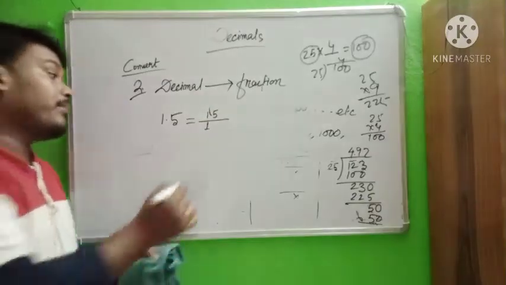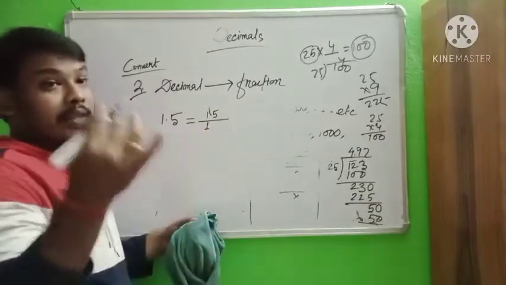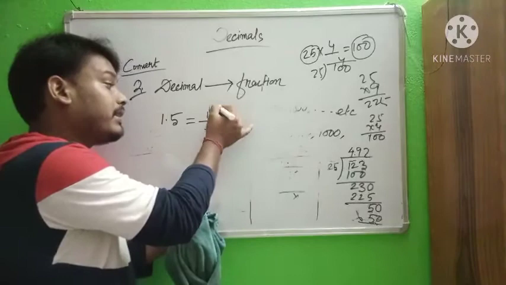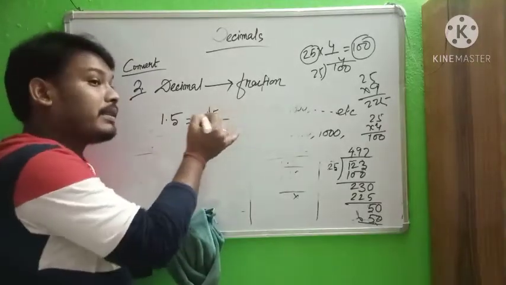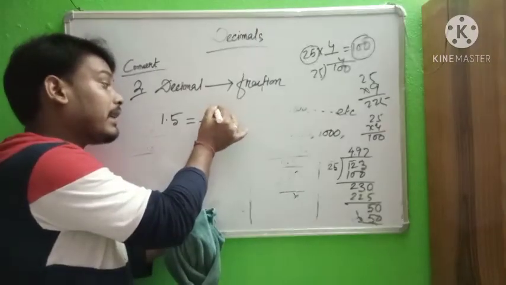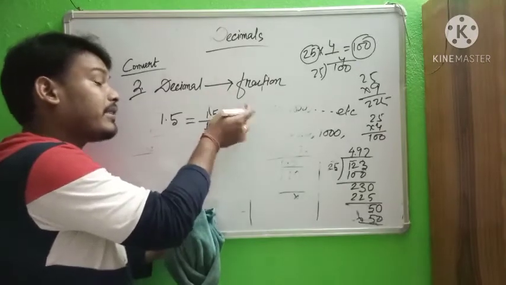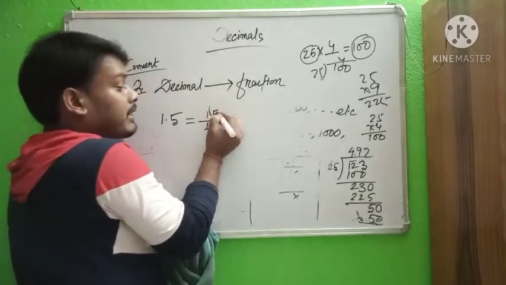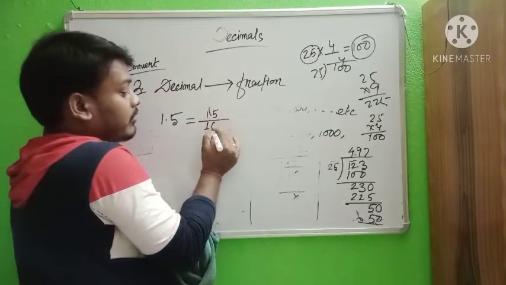Here how many digits after the decimal point? Only one, so put 10.